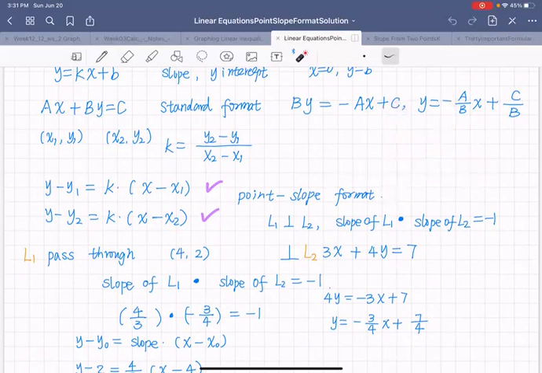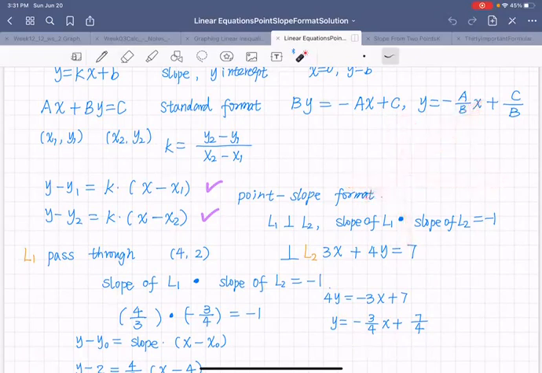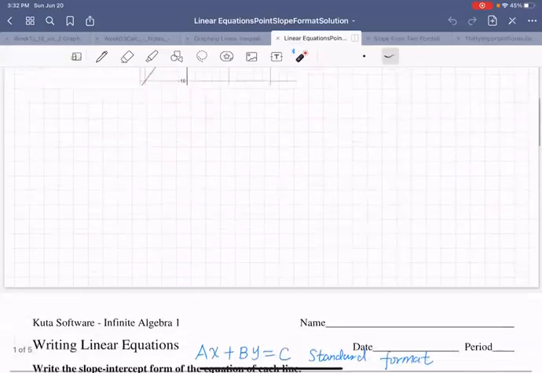Or if two lines are identical, meaning the same slope and the same intercept, then they have infinitely many solutions. Those questions look easy, but in the PSAT and SAT, they always have questions like that. Now, let's do the questions here.